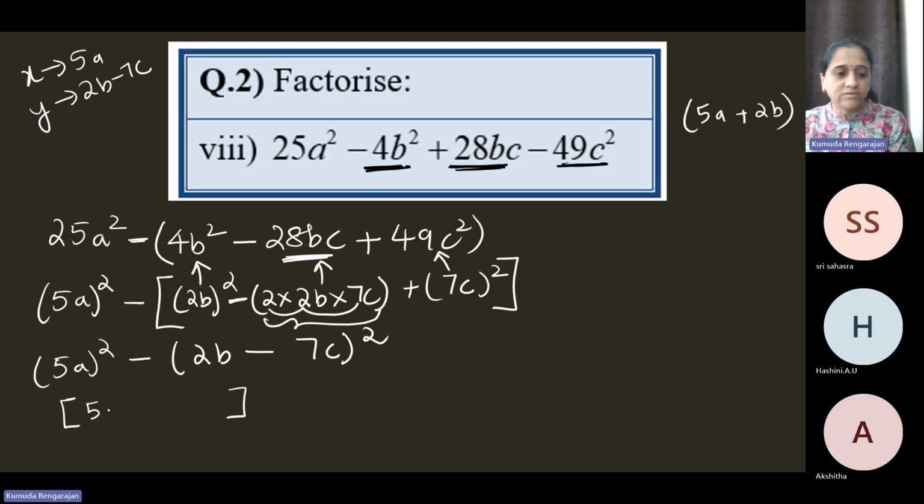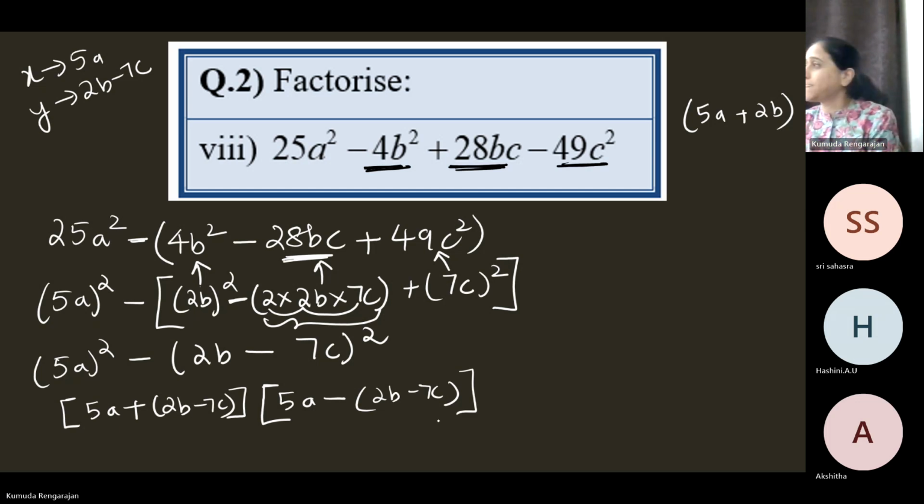X plus y has two terms, so put that in a bracket. Into x minus y, itself has two terms, so put that in a bracket. So for y, we will be using a simple bracket. That's why we use a square bracket outside. If x had only one term, y also only one term, then a simple bracket is enough.